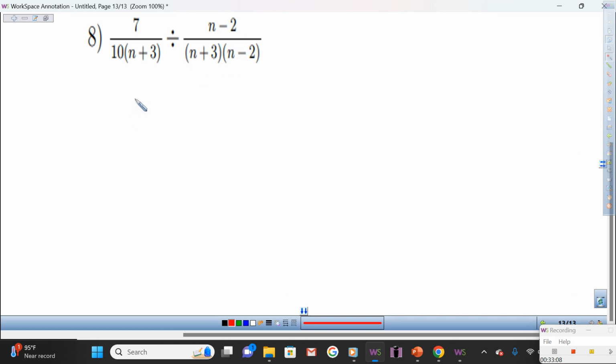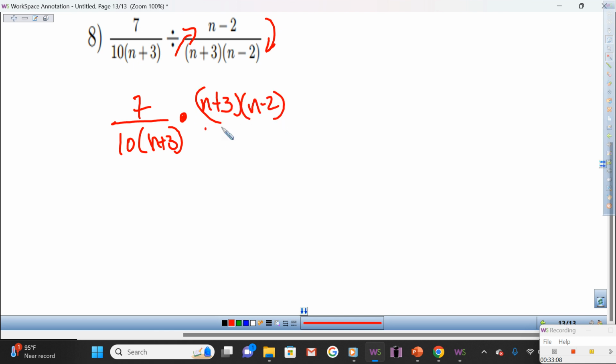So it's 7 over 10 times n plus 3 times, we flip this, and that gives us n plus 3 n minus 2 over n minus 2. Okay. Next, we can simplify or we can multiply. What do you want to do? Since most of them are already factored, right?